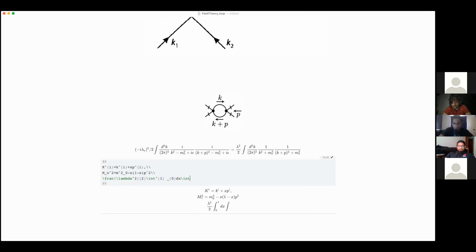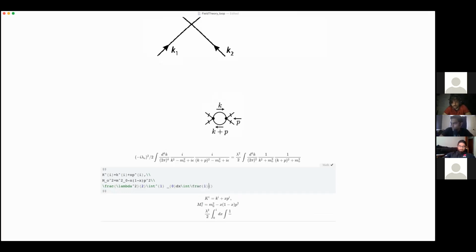So let's separate out some constants. I have 1 over 16 pi squared, and I'm going to do the same thing as before, right? So I'm going to have, let me put the integral after this actually. So I'm going to do spherical polar coordinates, and I'm going to do the integral over the angles, and then only integrate over the norm, but I'm going to integrate over the norm only up to a cutoff, right?